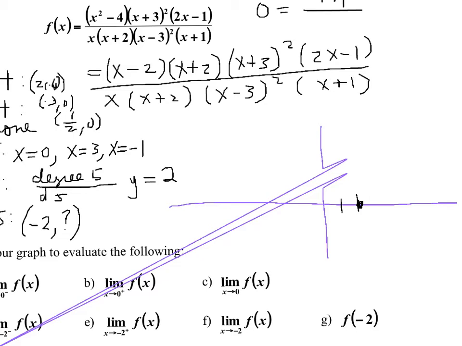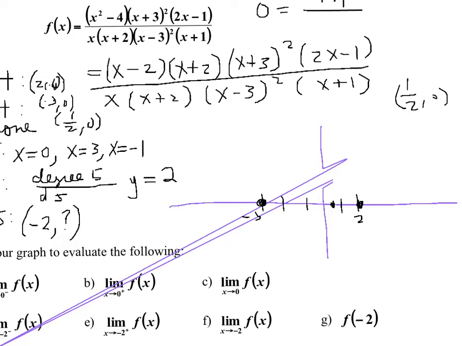We're going to have (-3, 0), so 1, 2, 3, there's a point on my graph. And then 1/2, so that's like in here. So there's (1/2, 0). I'll put a little arrow to show where that is. That's (1/2, 0).